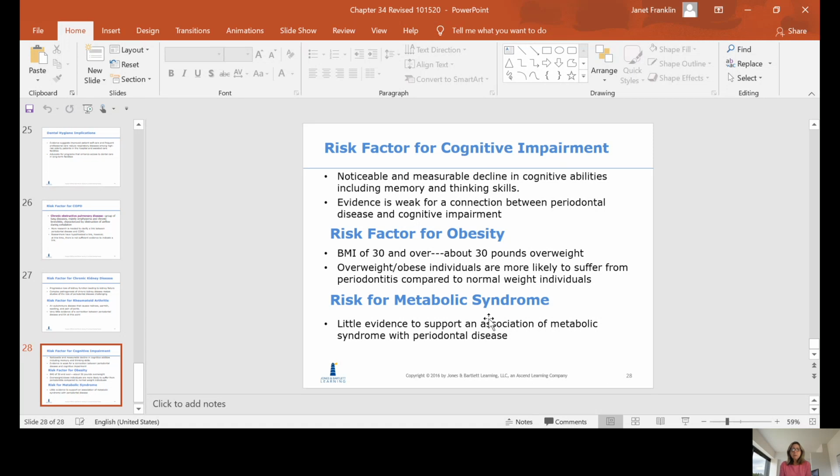Evidence is weak for a connection between periodontal disease and cognitive impairment, but it's something that they're just starting to look a little bit more into. Risk factor for obesity, risk factor for metabolic syndrome, again, not as common, but they can be risk factors for these diseases.